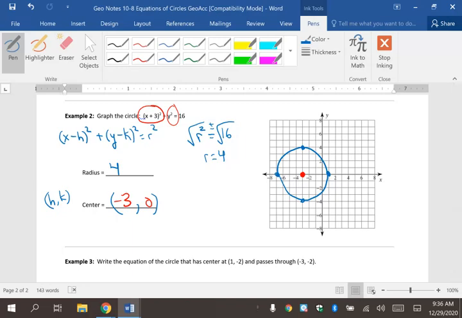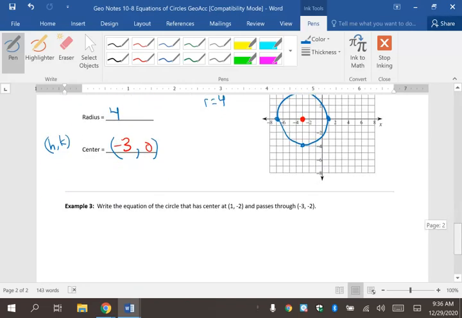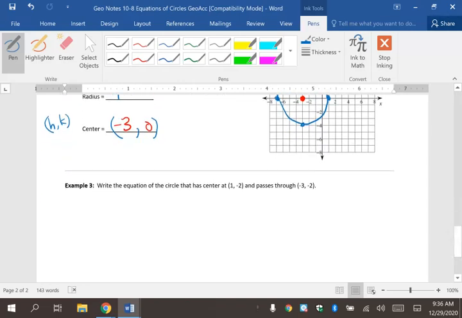Last problem, example 3, is we want to write an equation of the circle. So again, just start off with your general equation, x minus h quantity squared plus y minus k quantity squared equals r squared. The center is h comma k. Oh, it doesn't give us the radius. So what do you think we should do here? You're right. A point that your circle passes through is just a random point, x comma y.